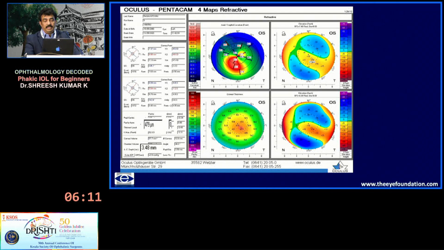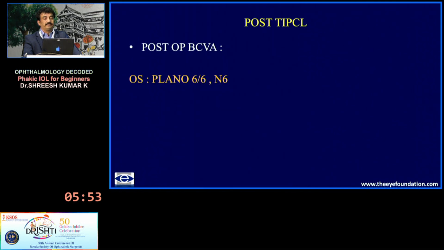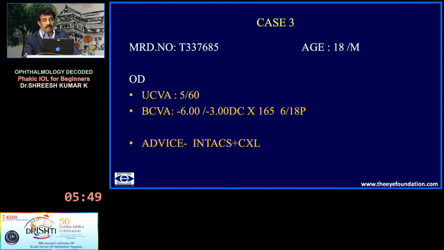It's not a highly decentered cone, but the visual acuity is improving to 6/6. This has to be understood: in any keratoconus patient, if the visual acuity is good with glasses, these are the candidates who can be implanted with phakic IOLs. Post-operatively, the patient is doing well, 6/6 plano.